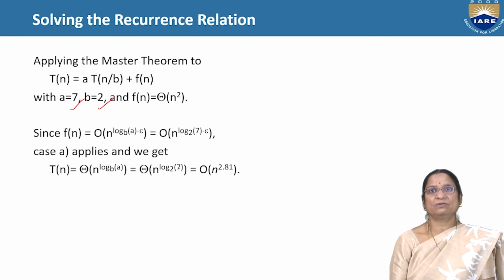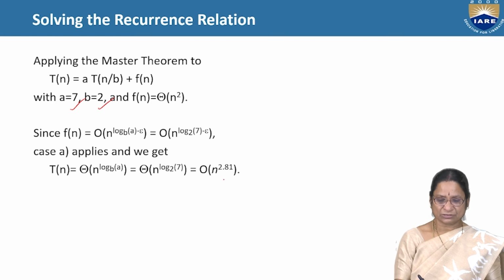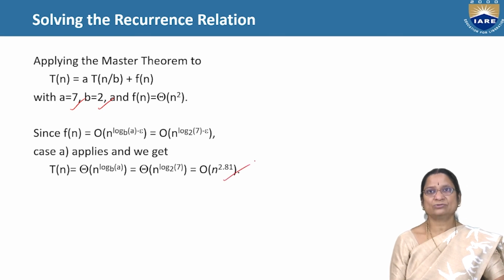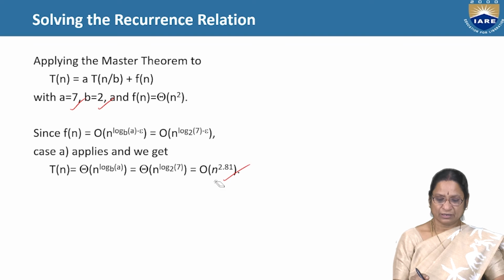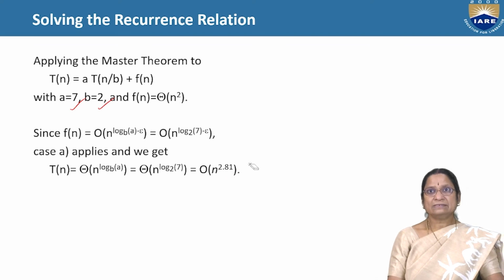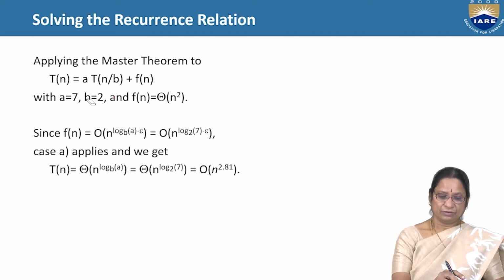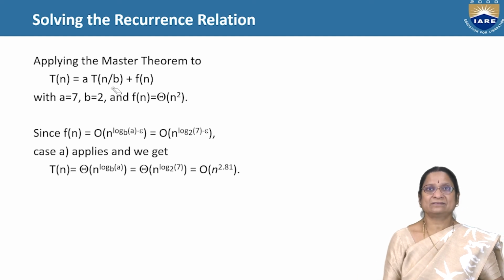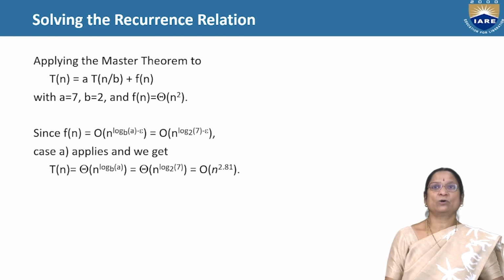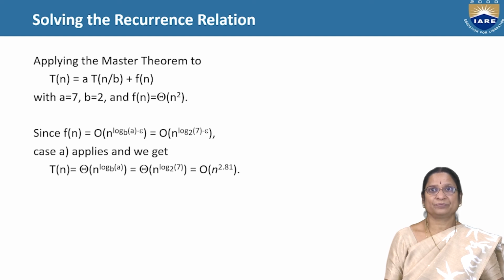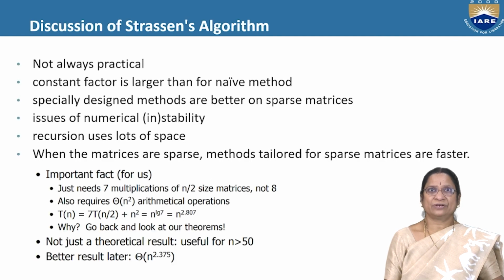By substituting that, we will get n log 7 to the base 2 minus epsilon, which is approximately equal to n power 2.81. Right? In such a way you can reduce the time complexity by using Strassen's matrix multiplication technique, again through divide and conquer strategy only. So it reduced, but not drastically. Very small amount of time was reduced.